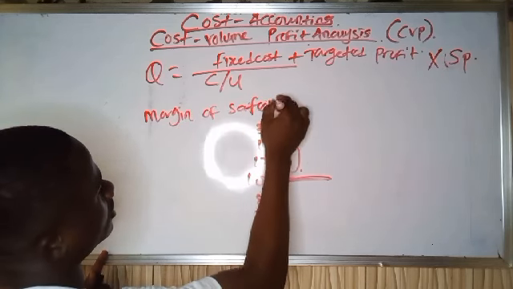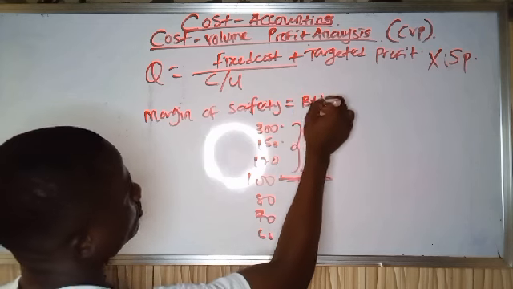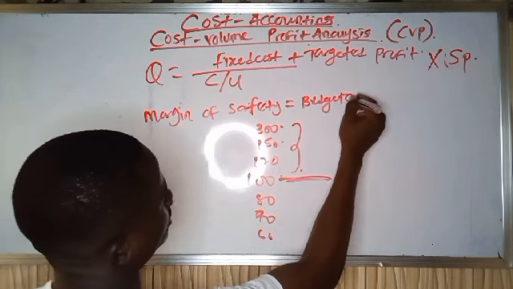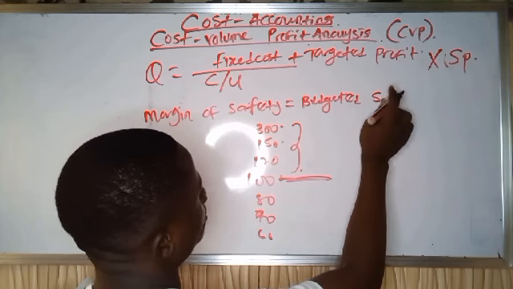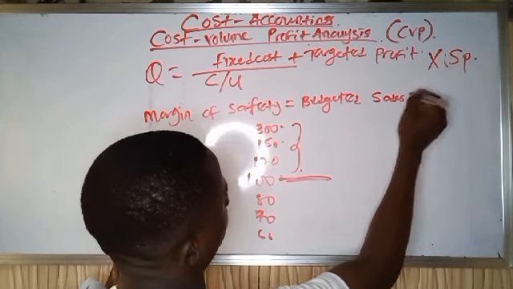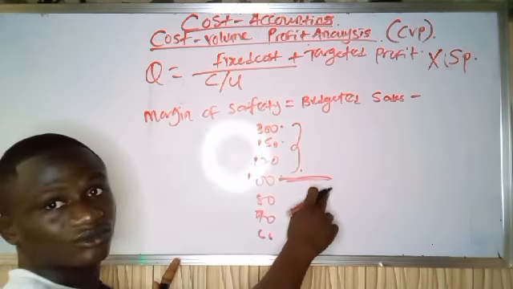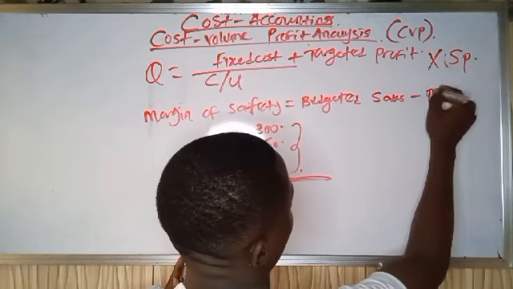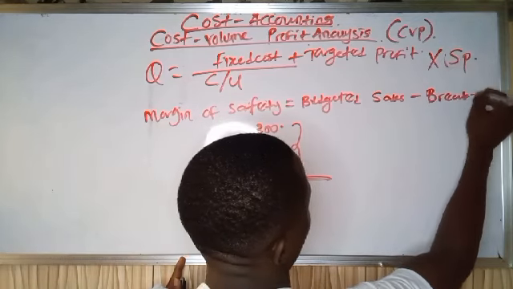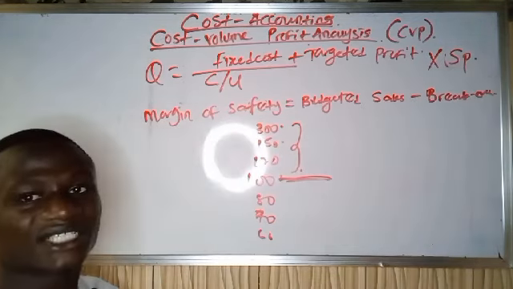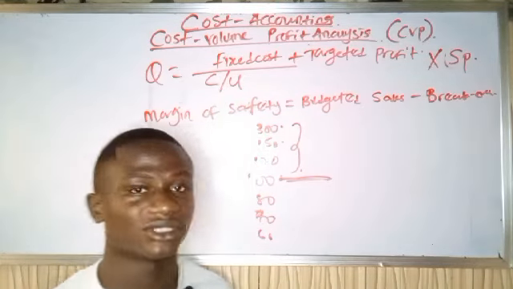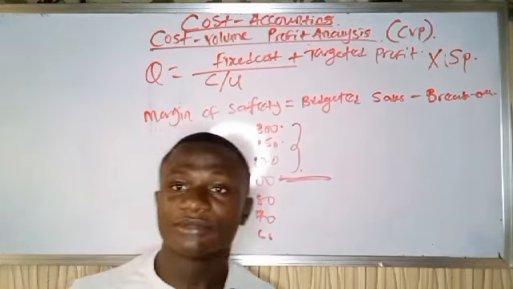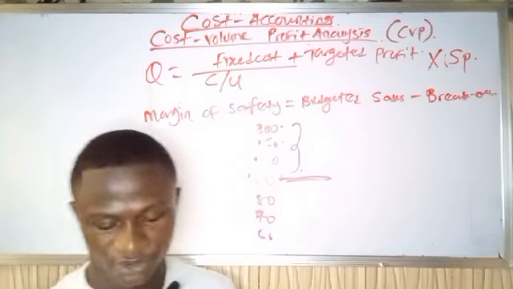Margin of safety is my budgeted sales, or budgeted quantity sales, minus break even sales, in value minus break even. So the quantity at which the business is producing minus the quantity that will make them break even is my margin of safety.